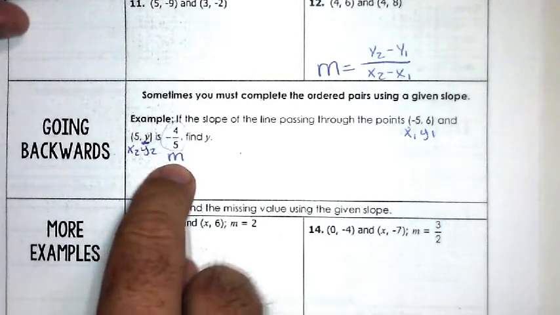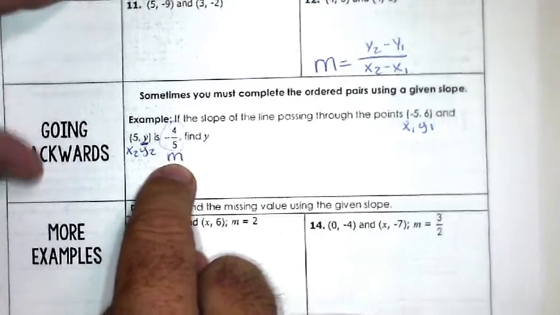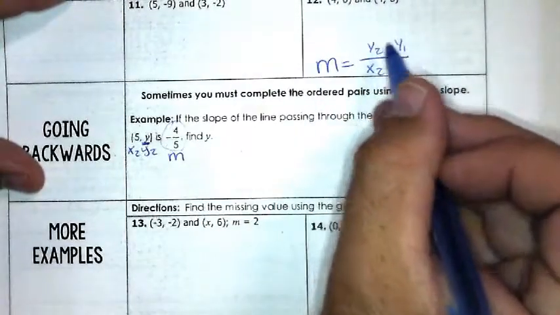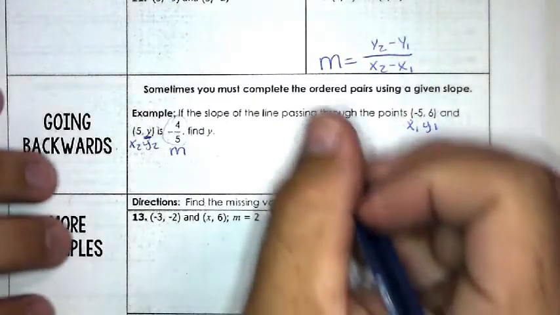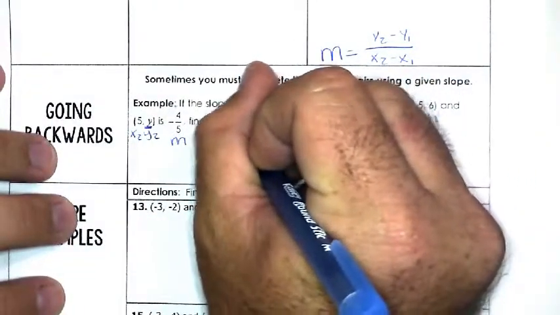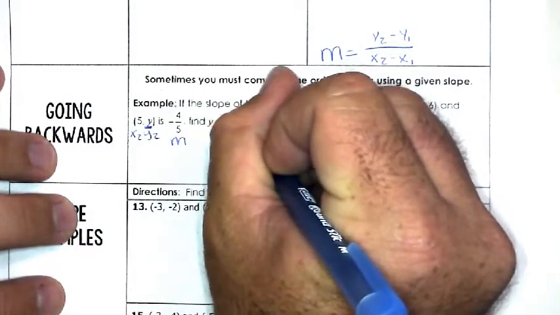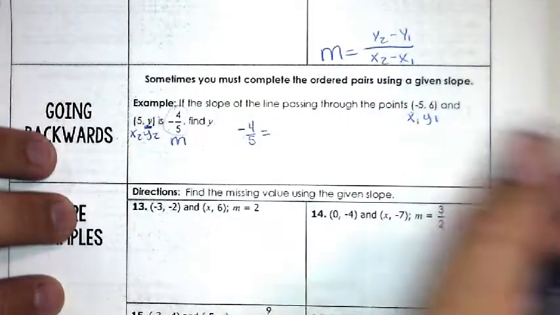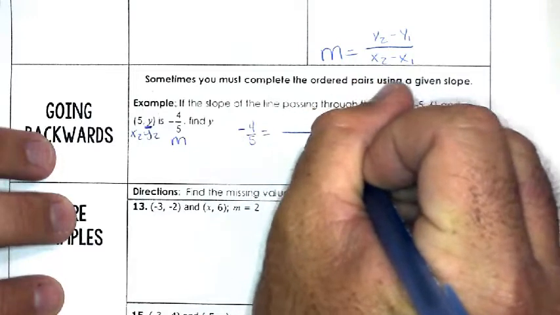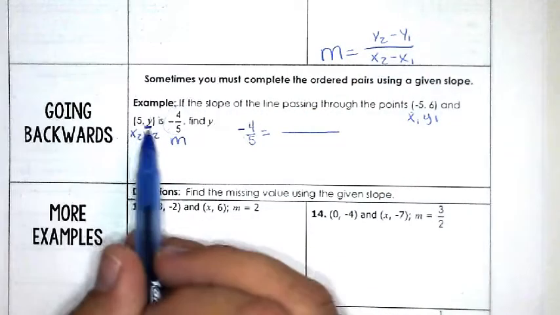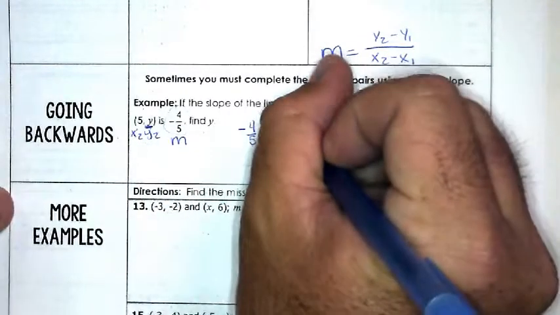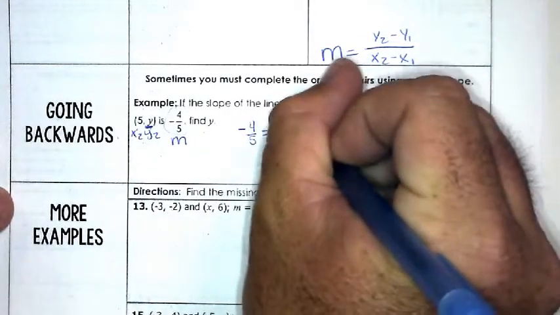Step 2, substitute. So, m is negative 4/5 equals, what is the value of y2? Y. Perfect. Minus, what's the value of my y1? Perfect. Okay. What is the value of my x2? And the value of my x1?